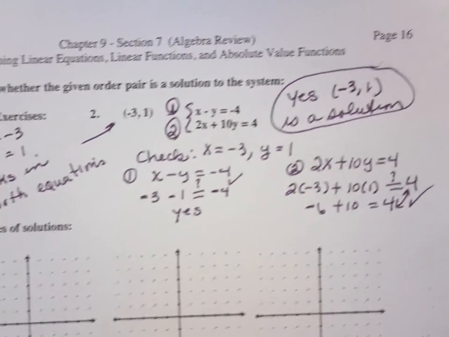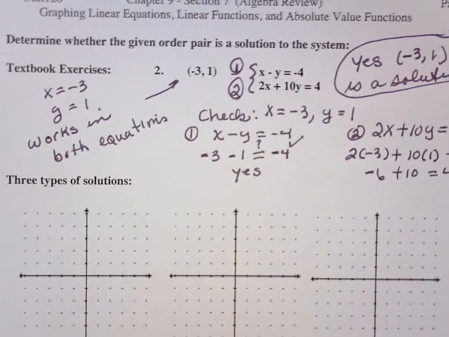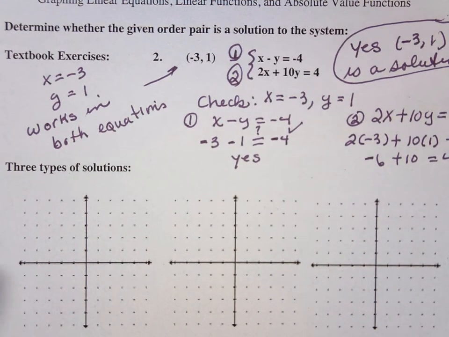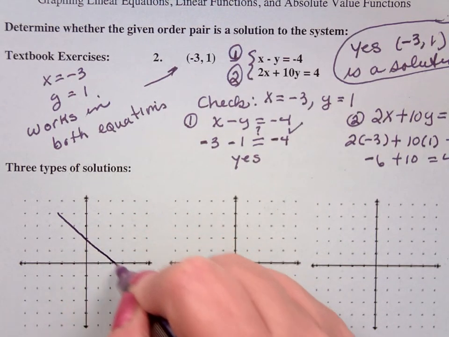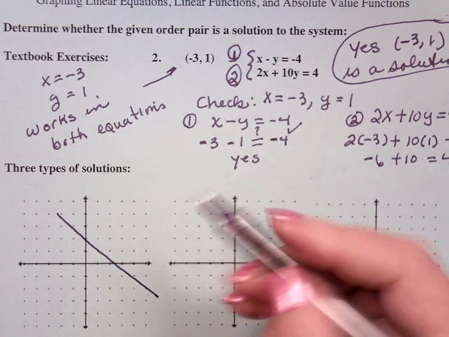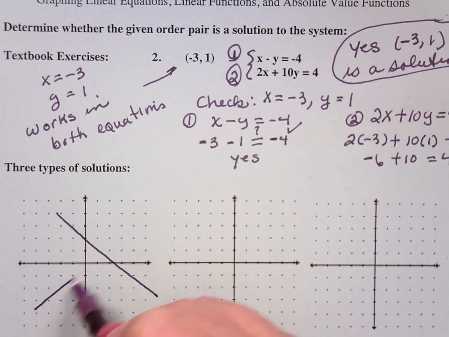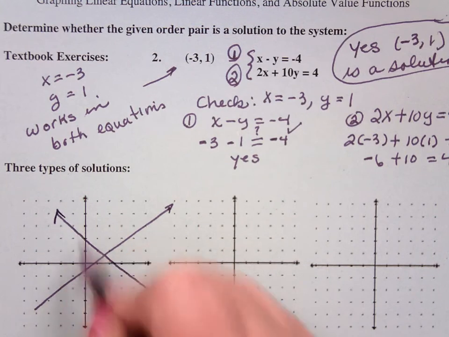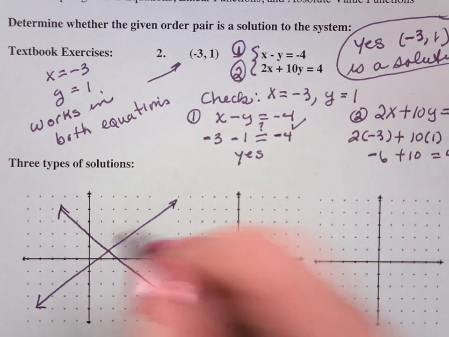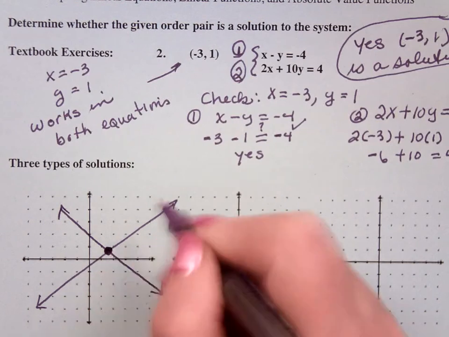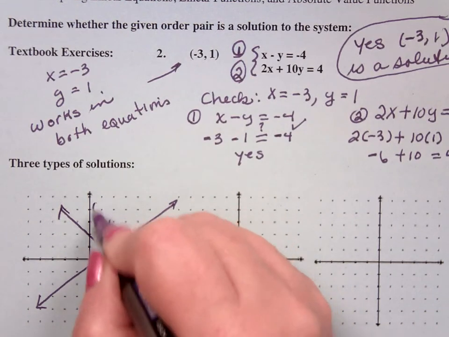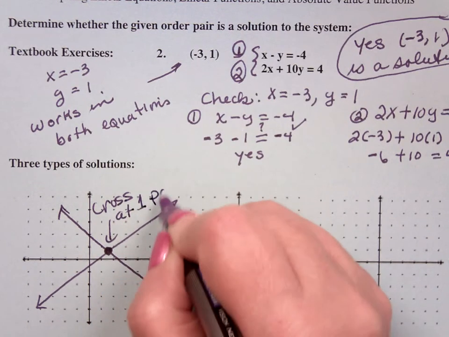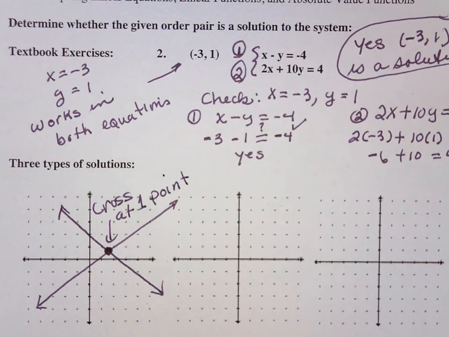Now there are three types of solutions when we go to the graphs, and this is why you check it out. One type is where I draw a line, anywhere on your paper, and I draw a second line, and the two lines cross at a single point. That's what happened to the problem above.